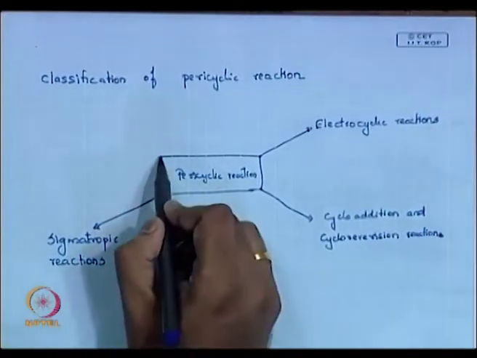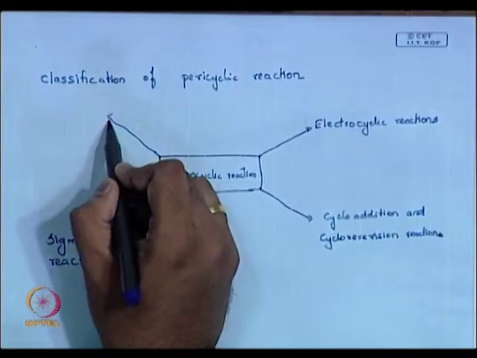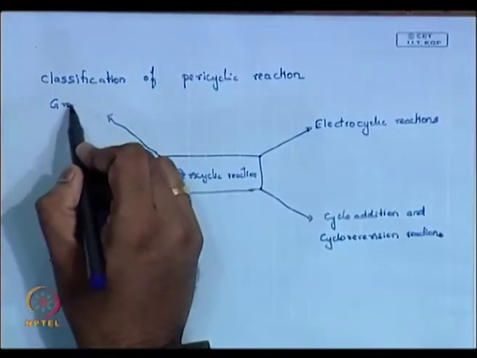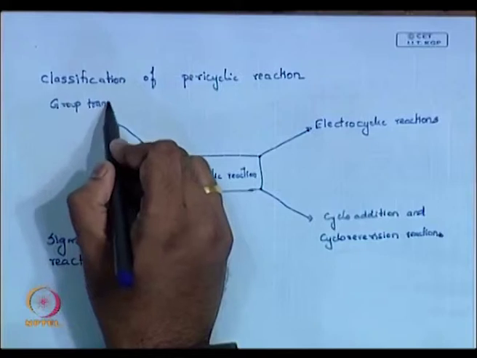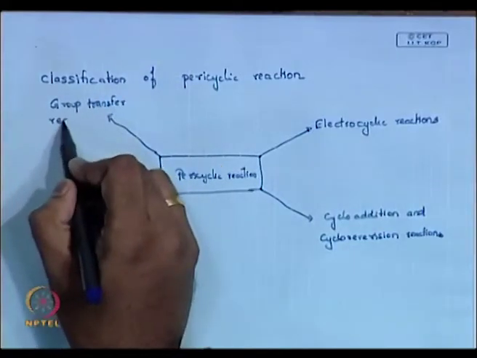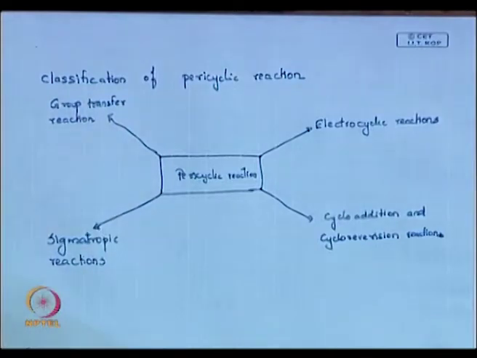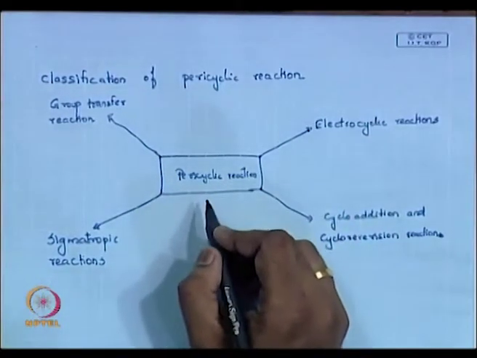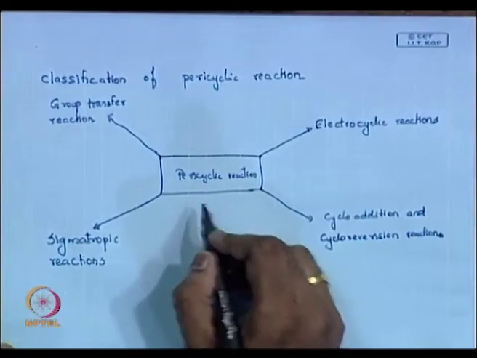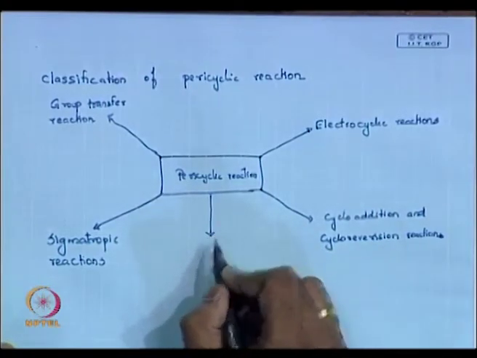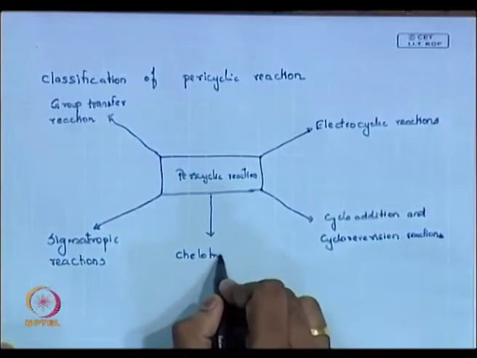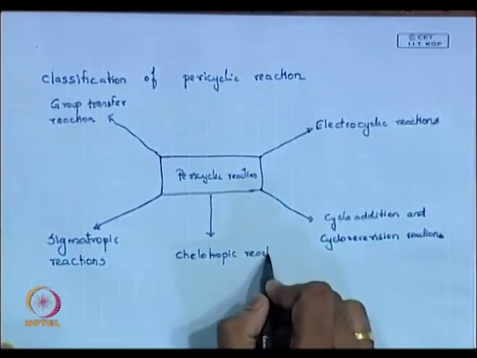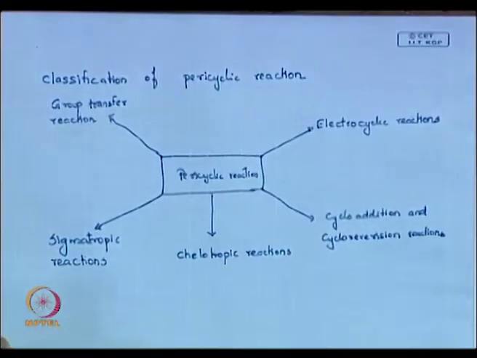And you have your group transfer reactions. Then you have your stereotropic reactions. These are your major 5 classes which you see in pericyclic.